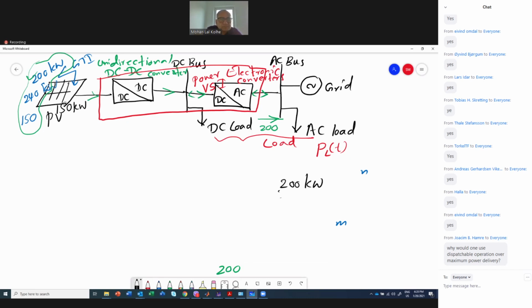Therefore, to compensate the remaining 50 kilowatt, we have to have another power source.